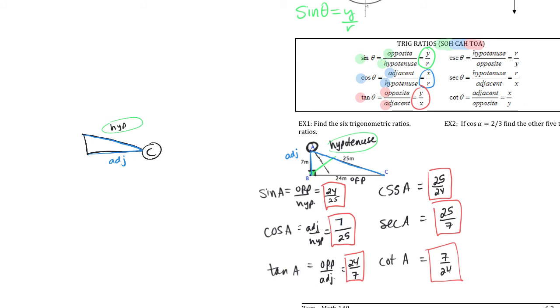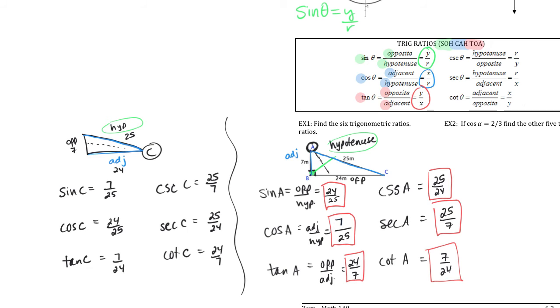So here the 24 would have been considered adjacent. And then to get to opposite, you have to walk through the triangle to get over there. Notice all of my ratios are different. So it really does depend a lot on what angle we're being asked to look at.